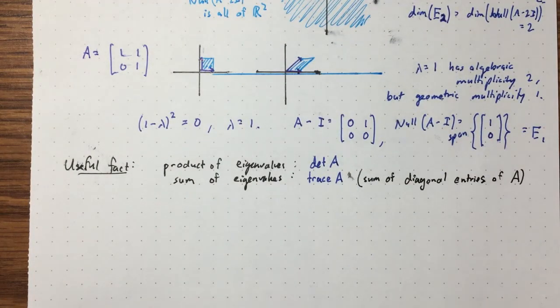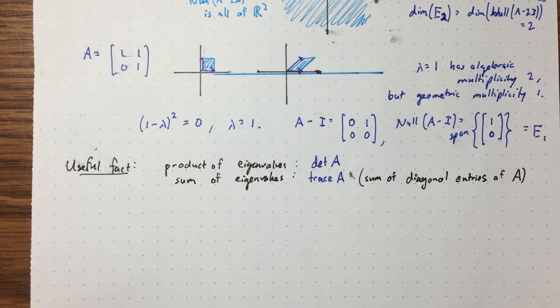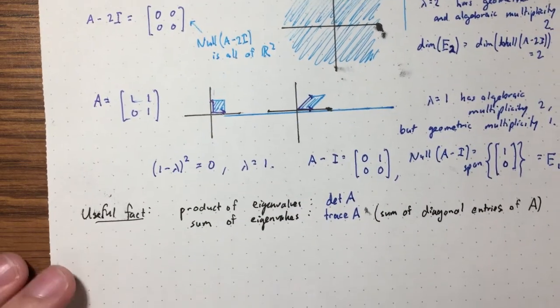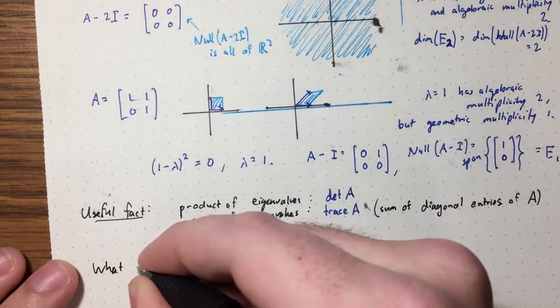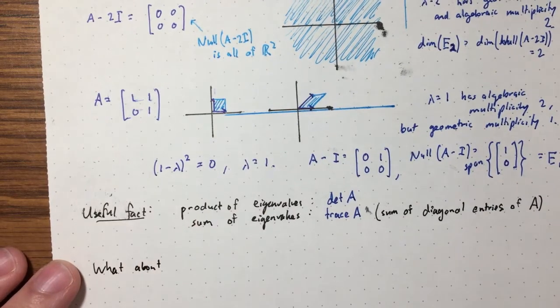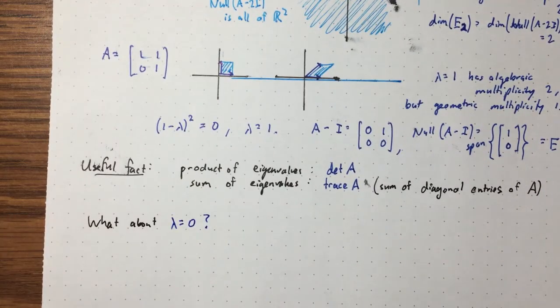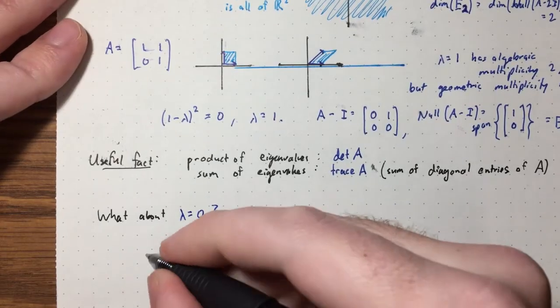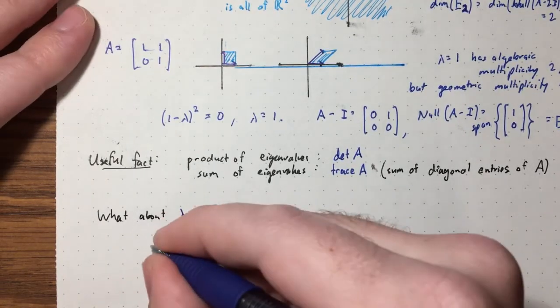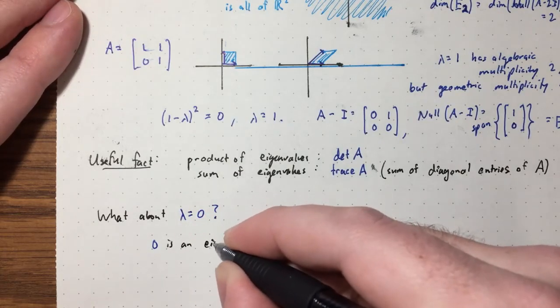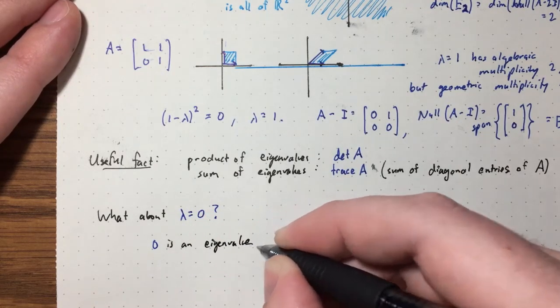There's one thing I haven't talked about yet. We talked about you might not have any eigenvalues, like the 90-degree rotation. But what if we get the eigenvalue 0? If 0 is an eigenvalue, what does that mean?